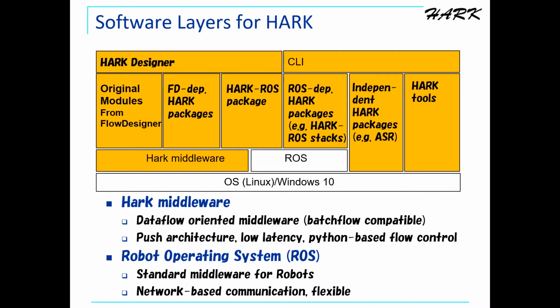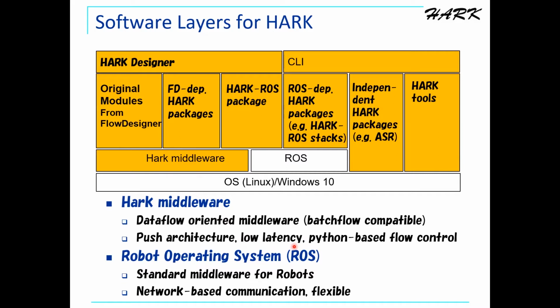This slide shows software layers. Actually, orange boxes are included in the Hark package. So basically, Hark modules use Hark middleware, which controls a processing flow. This middleware has a low latency in module integration and is suitable for frame-based integration, which is a requirement for real-time signal processing.